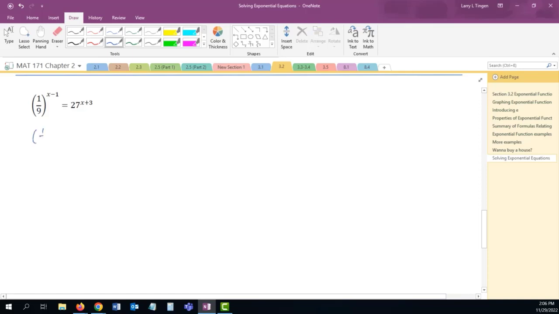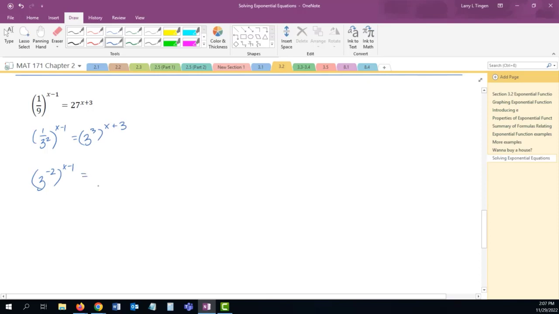1 over 9 is 1 over 3 squared. And 27 is 3 cubed. 1 over 3 squared is the same thing as 3 to the negative 2.